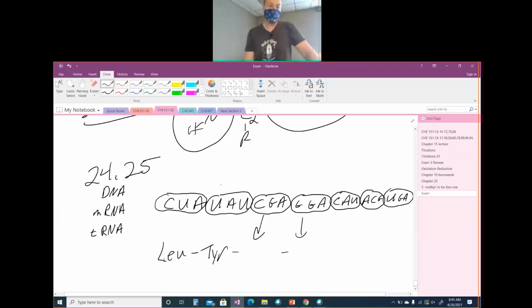All right, so the DNA that it came from, so your base pairs for DNA are GC, and remember, the base pairs for GC have 3 hydrogen bonds. And then TA has 2 hydrogen bonds. Now, when you're looking at your RNA, you still have the same GC, but you have UA.